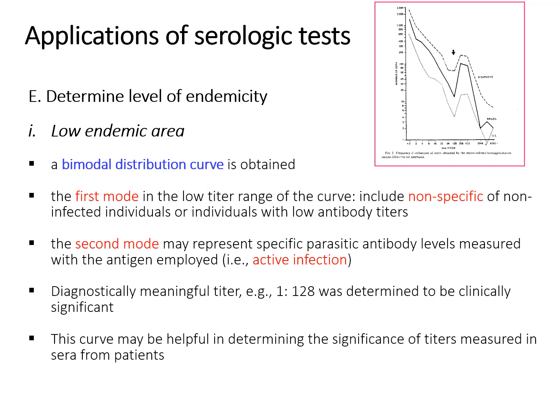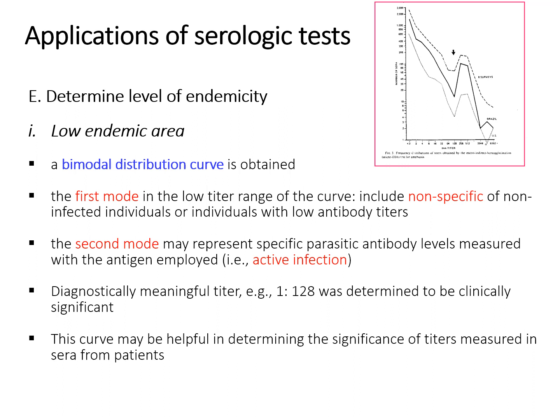This range may include non-specific reaction with the sera of non-infected individuals or individuals in the population with very low antibody titers. So the majority of the people in these areas have a very low level of antibody titers. The second mode may represent specific parasitic antibody levels measured with the antigen.